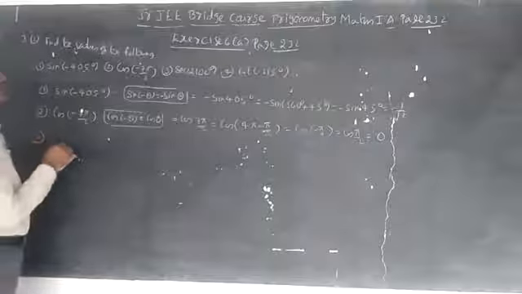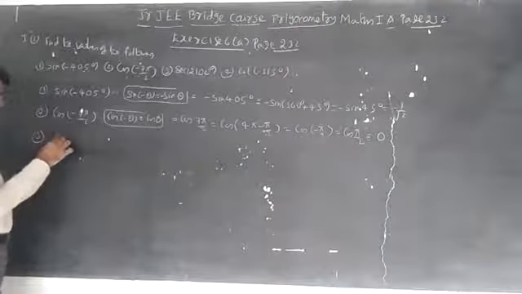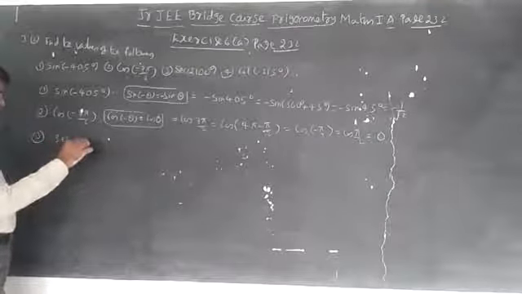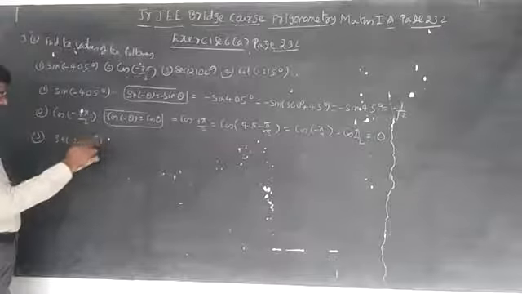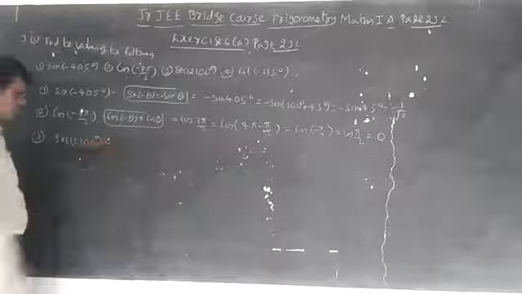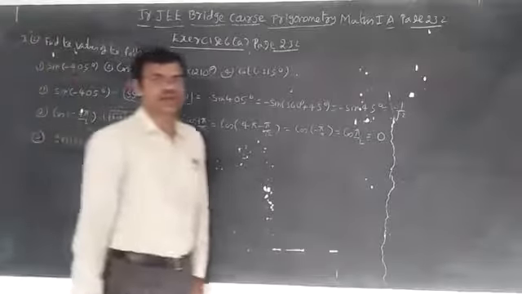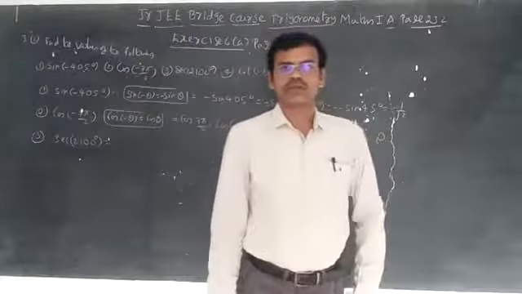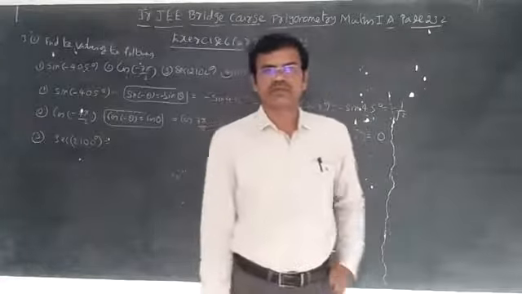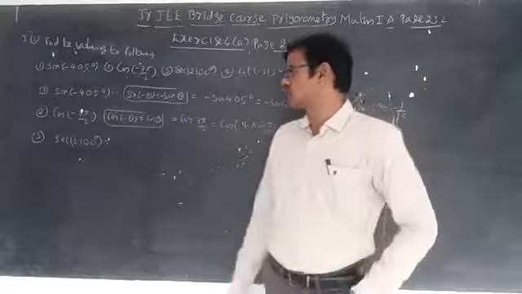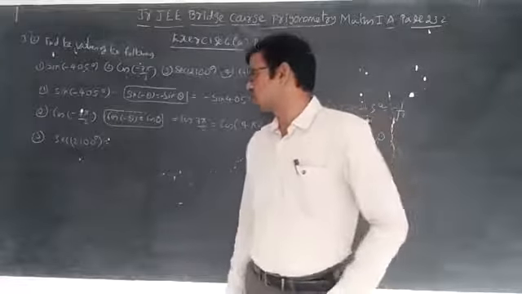Third one, secant 2100 degrees. Approximately we need to calculate a multiple of 360. So 360 into 10 becomes 3600.